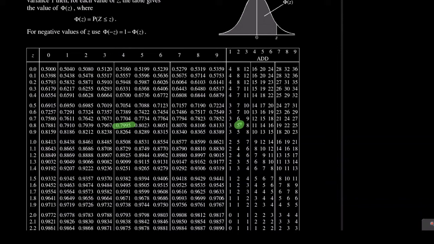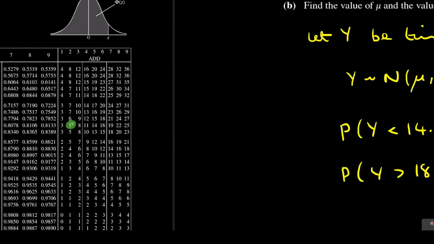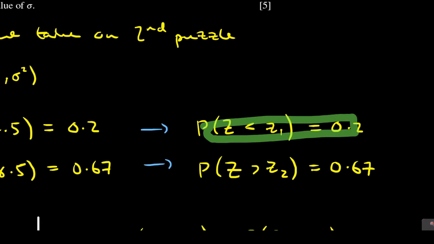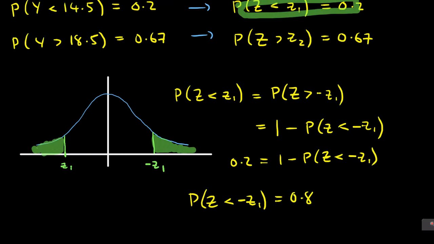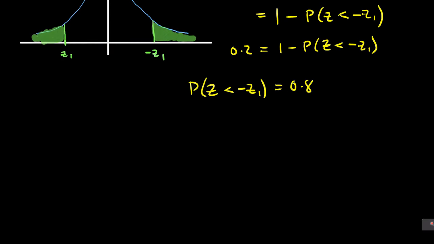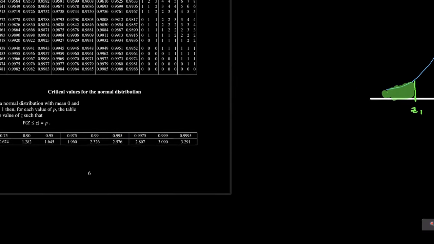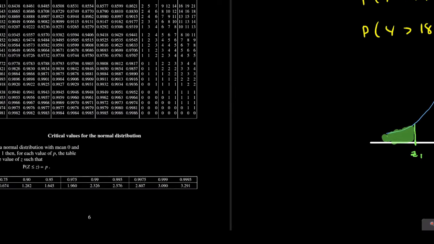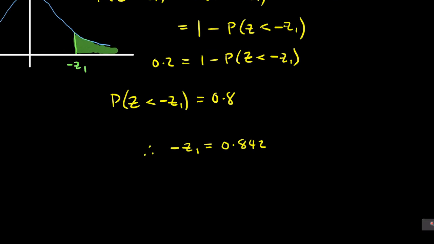So our negative Z1 is equal to 0.842. Just confirm that, 0.842, yeah. Okay, and if that's the case, then the Z1 that we're interested in is equal to minus 0.842. So we got that value there.